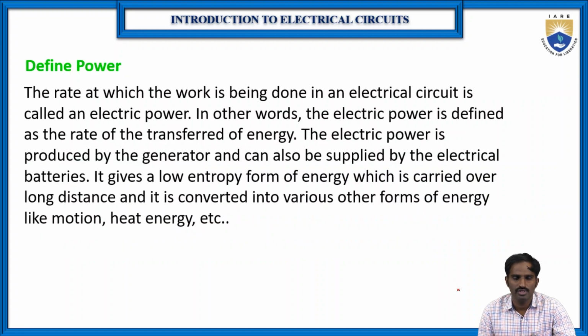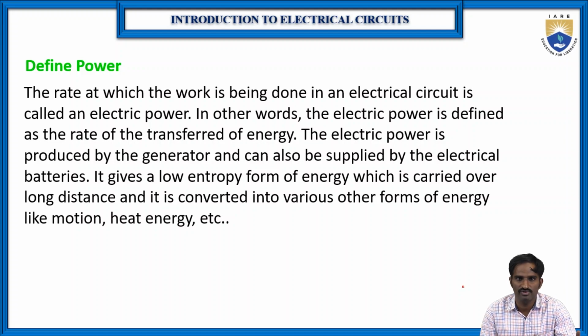Then power. As we know, power is simply voltage into current: P is equal to V into I. But what exactly is power? Here we are considering the electron as a charge, and it is electric power that we are defining. The rate at which work is being done in an electrical circuit is called electric power.